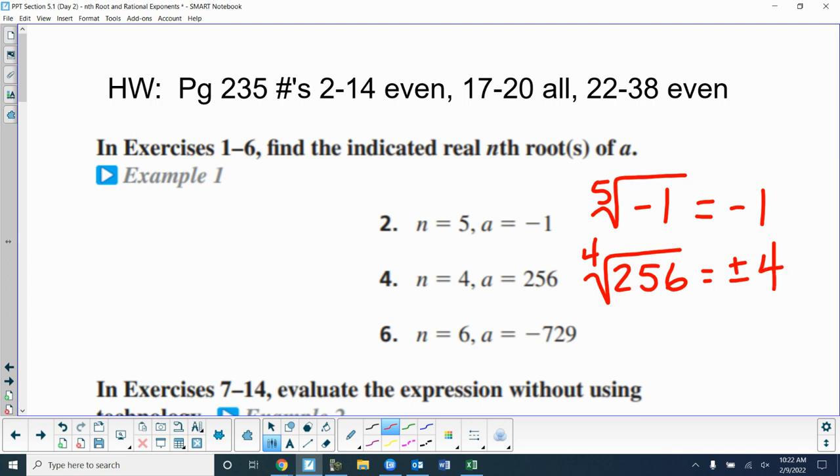And then this one is the 6th root of -729. Even and negative, what's that tell us? No real, right? There's an imaginary one, what we've done before, but there's no real, and that's what we were looking for. Real ones, right? Any questions on those? We good? All right.